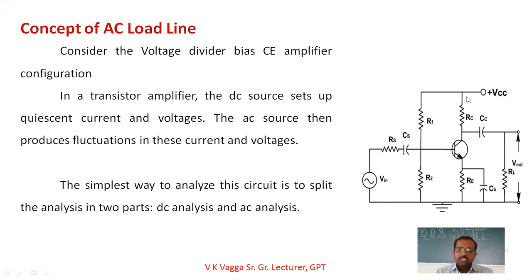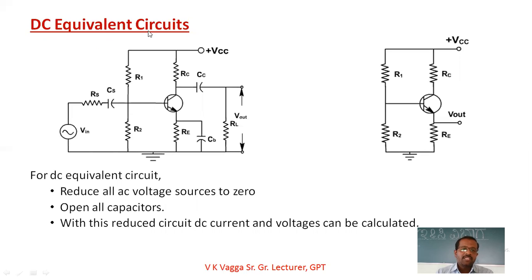So it is to be analyzed for the AC analysis and also for the DC analysis in order to obtain the AC equivalent circuit and the DC equivalent circuit. In order to obtain the DC equivalent circuit, all the AC voltage sources are made zero and all the capacitors are made open, and you can obtain the DC equivalent circuit.